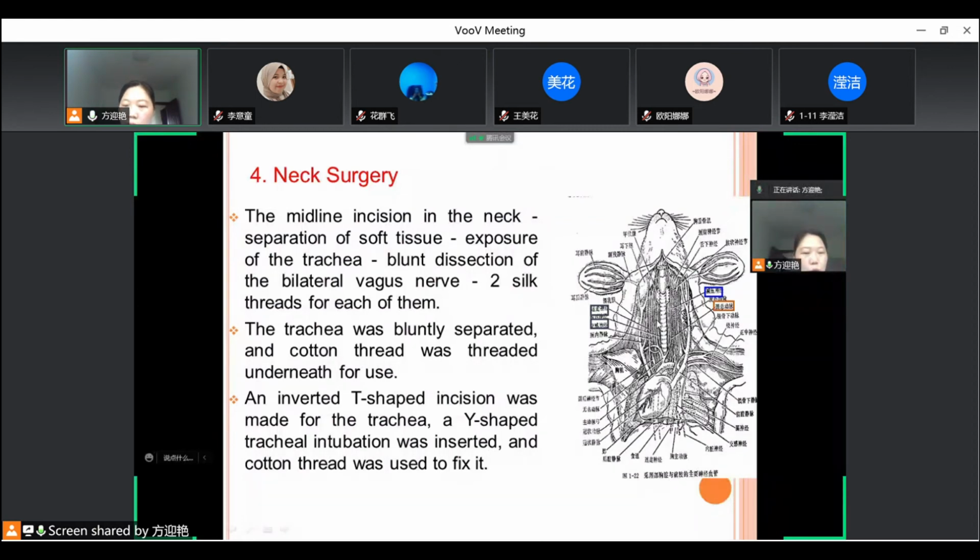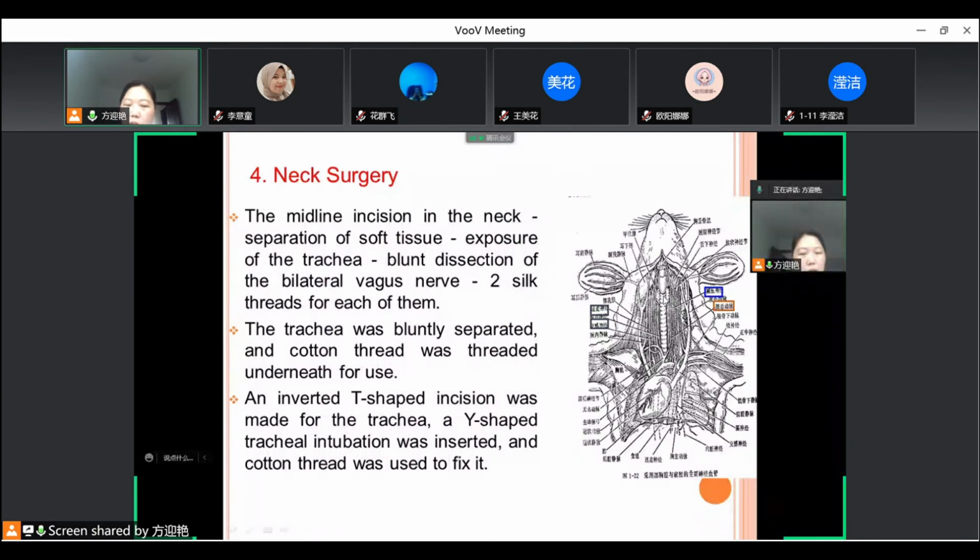You should first know what the trachea is. The trachea should be separated, and a cotton thread is passed under the trachea.